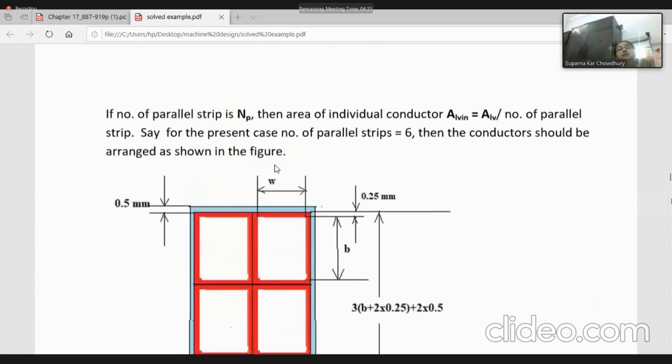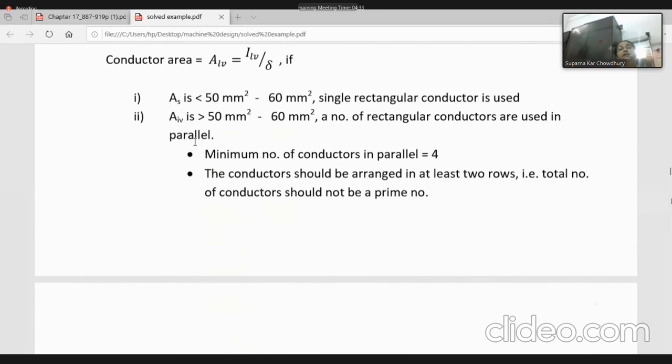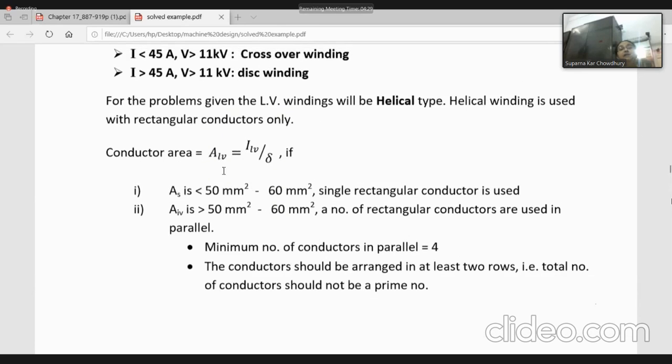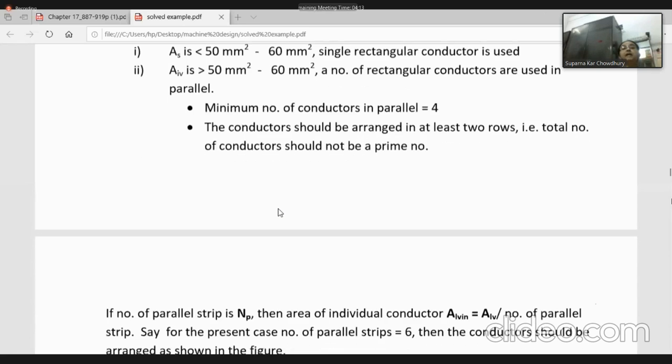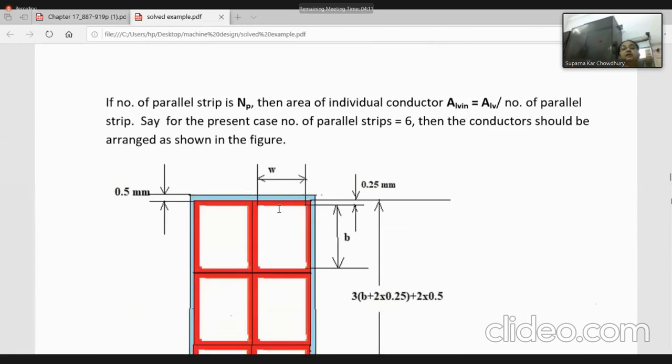So when we go for parallel strips, we calculate the area of the conductor. If the area of the conductor is less than 50 to 60 millimeters square, then we can go for a single conductor. If it is more than 50 to 60, then we will have to go for parallel rectangular conductors.